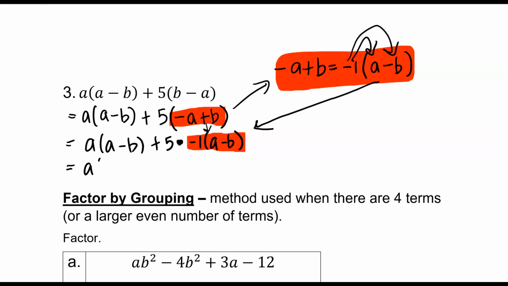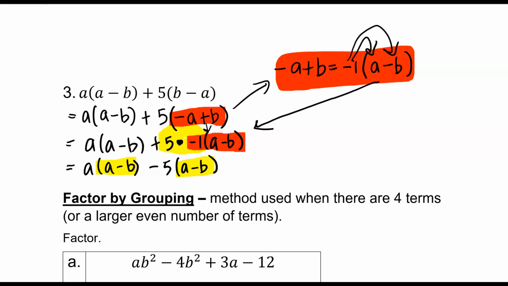Now what is this? This is the same as A times A minus B and negative 5 times A minus B. And now we're at a point where we have what we want. We have A minus B and we have A minus B. So they're the same. And now we can go ahead and factor out our greatest common binomial factor.